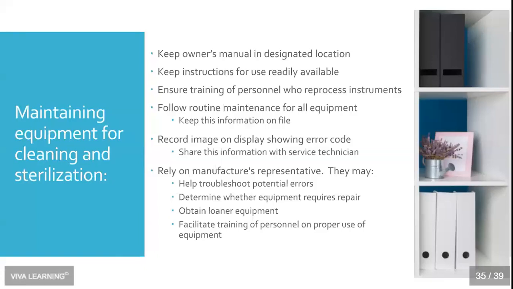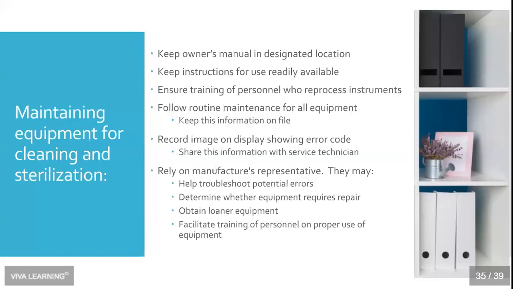If something happens with your device and there is an image shown on the display, record the error code. Don't just call the service technician and say it's not working. Say we have a service code that says X, Y, and Z, and it is showing X, Y, and Z. That way the service technician can help troubleshoot and streamline the whole repair process if needed.